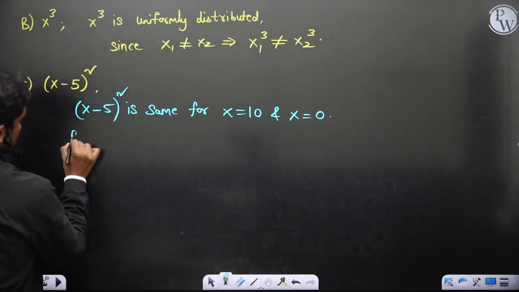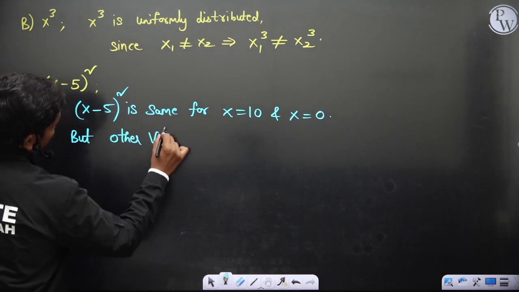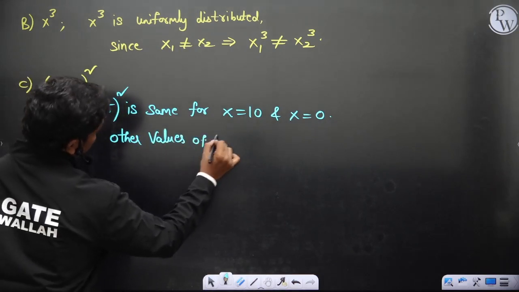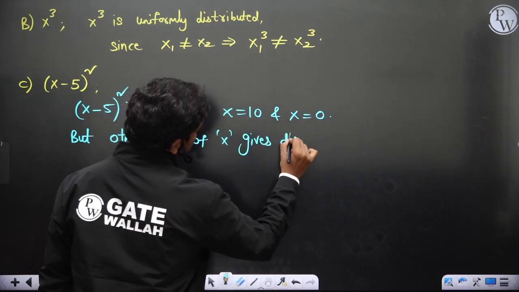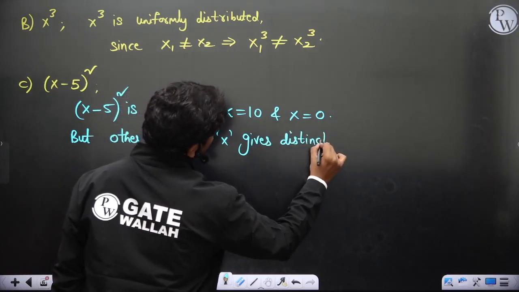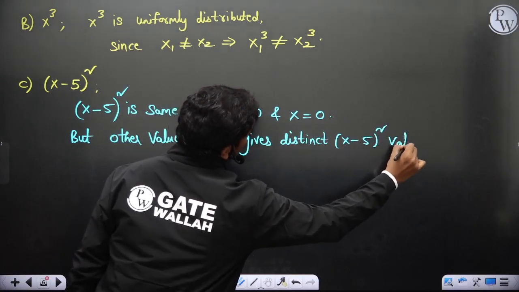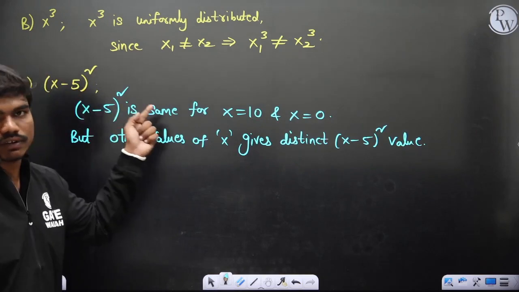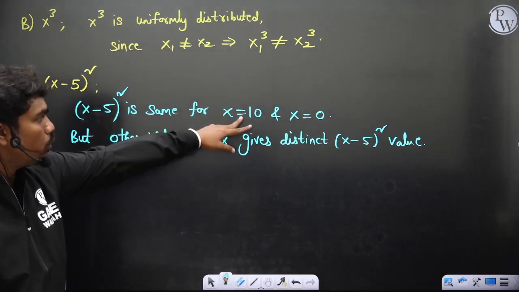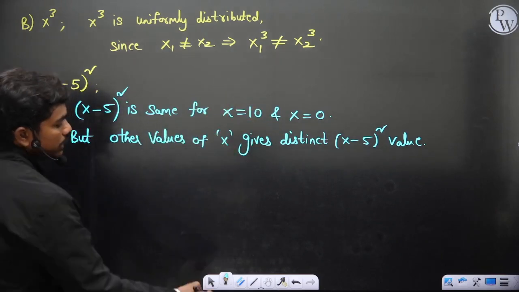But other values of x give distinct x minus 5 square values. So ultimately, when you put x equal to 0, x minus 5 whole square equal to 25 has some special weightage because 2 of these 21 numbers give that value, whereas all others give a different value.